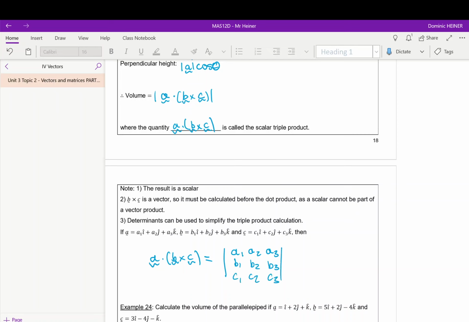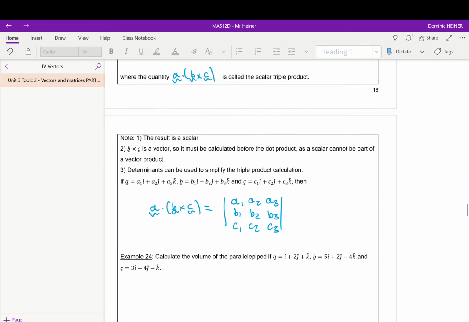Ultimately, this comes from the fact that if you were to do the first row as i, j, k and then take the dot product, the i component would be multiplied by A1, the j component by A2, and the k component by A3. So if we implement those at this stage, we're skipping that step, and all we have to do is find the determinant of a single matrix.